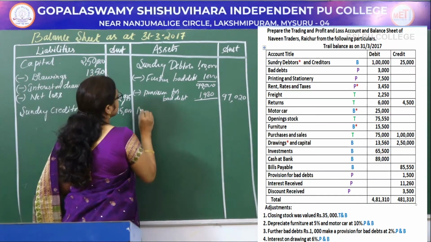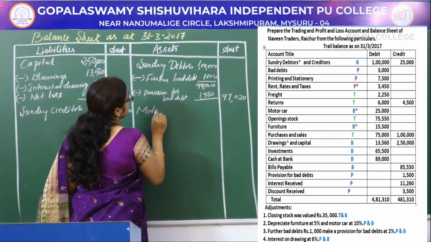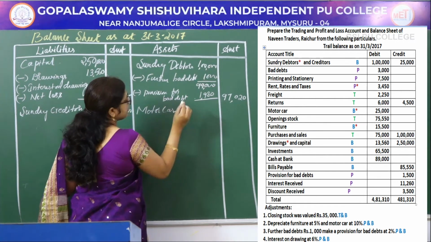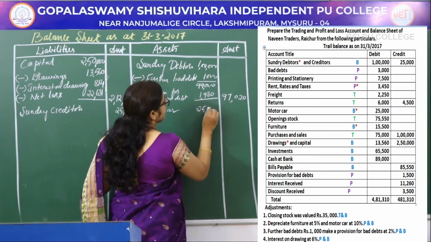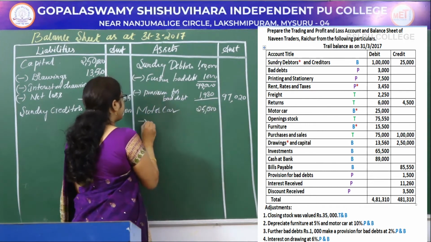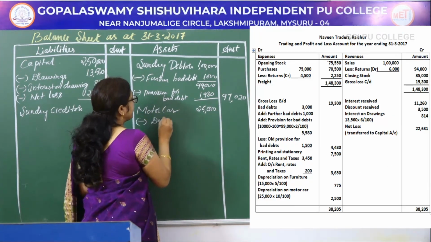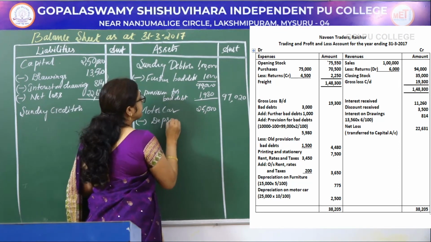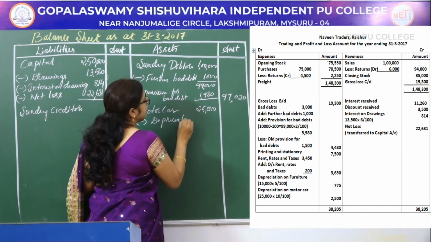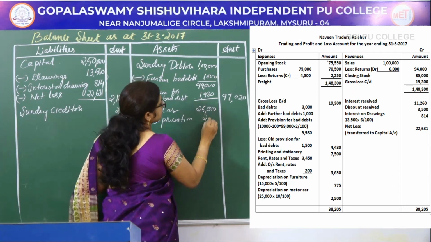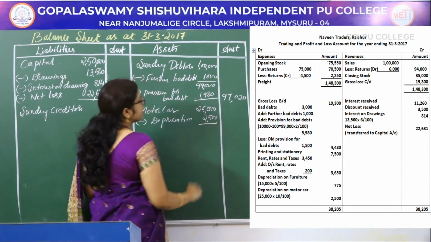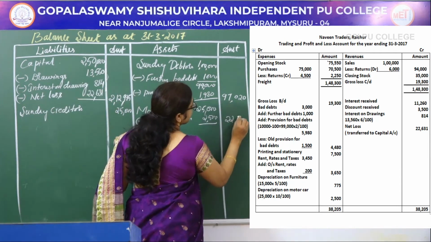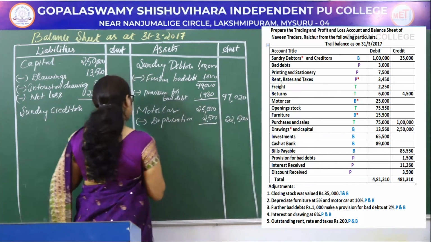Next one, motor car is there. Write the amount in the inner column. There is an adjustment. Motor car amount is 25,000. We already calculated the depreciation in the profit and loss account. Less depreciation on motor car, that is 2,500. After deducting, 22,500.